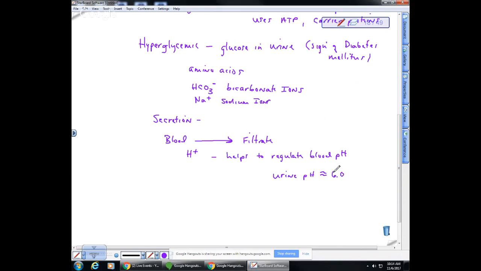But if you take in and you metabolize a lot of acids, and so proteins are known, like if you eat a lot of meat, that's known to produce ketone bodies, which are acidic, and that can lower the pH of your blood, so that you have to get rid of some hydrogen ions in your urine. So if you're secreting a lot, it could be about 4.5, right? So sometimes your urine is acidic.